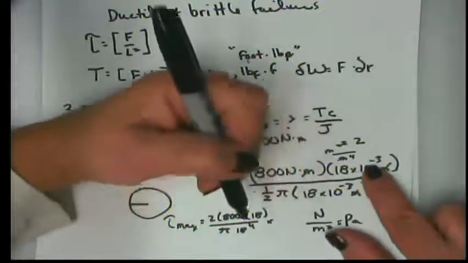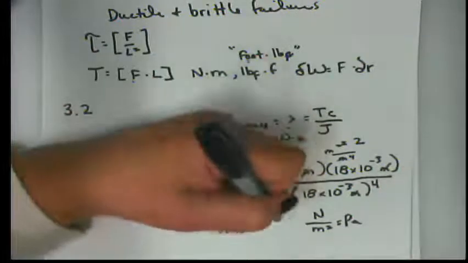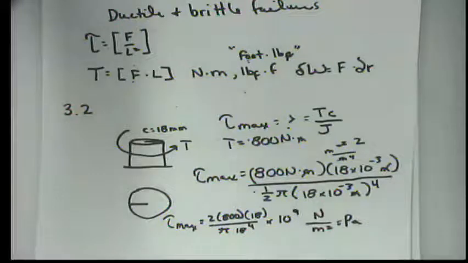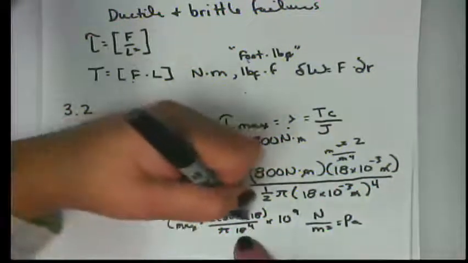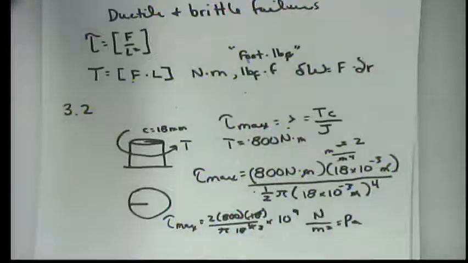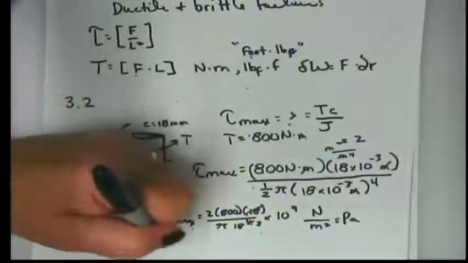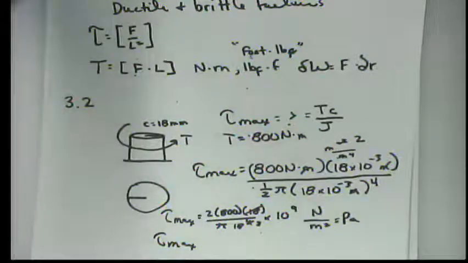And so I have 10 to the -3rd, 10 to the 12th, which is 10 to the 9th. So once again, there's a whole bunch of them. The other thing is 18 cancels against one of the 18 to the 4th and leaves me with 18 to the 3rd. So in terms of my numeric value, I have 2 times 800 divided by pi divided by 18 to the 3rd power. And then it's multiplied by 10 to the 9th.